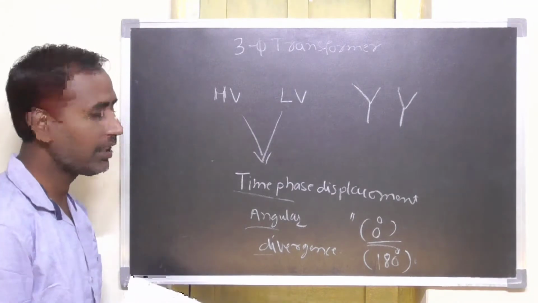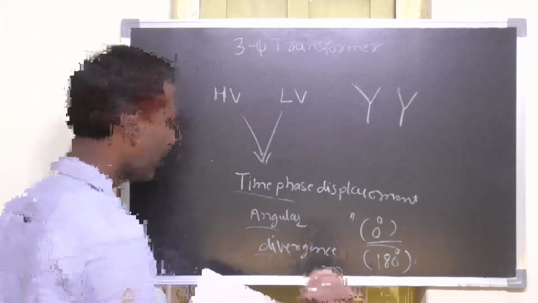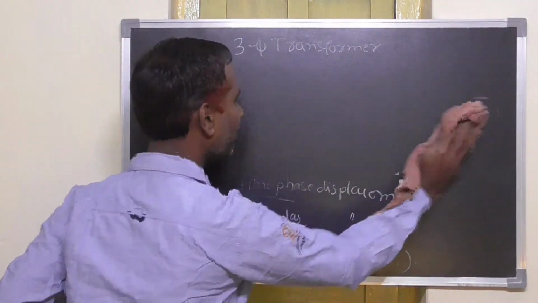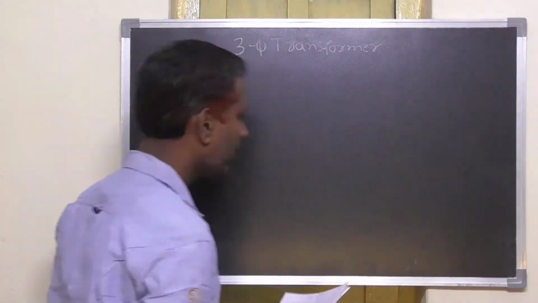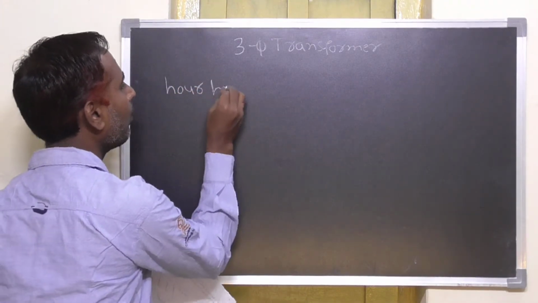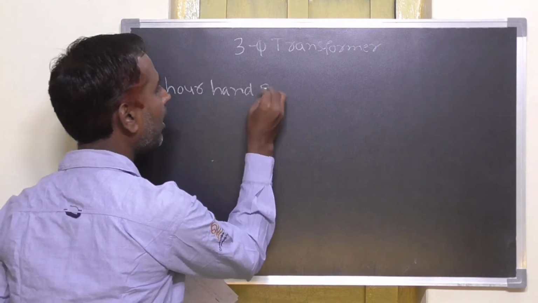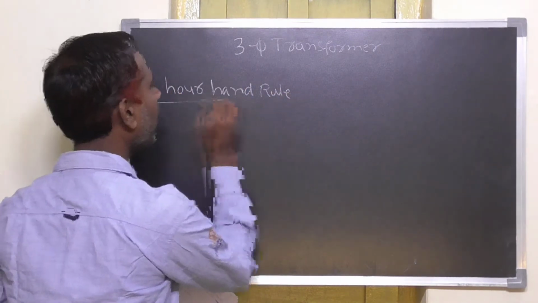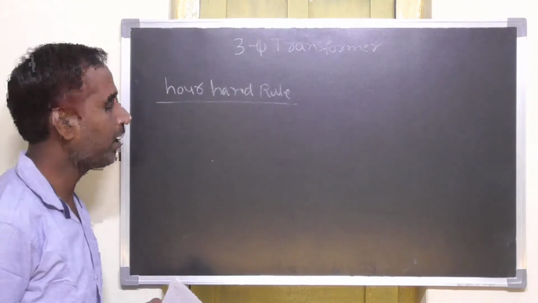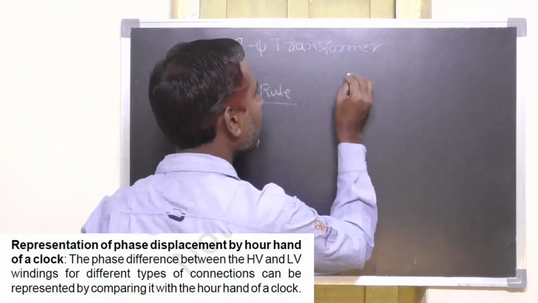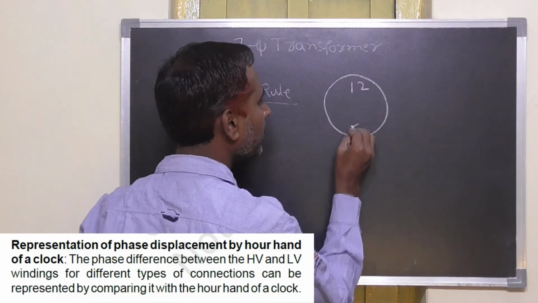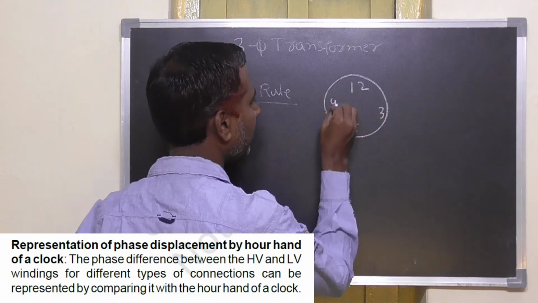To calculate this phase displacement, we are using the hour hand rule. With the help of hour hand rule, we can calculate the phase displacement, or angular displacement. Suppose this is a clock. This is 12 o'clock, this is 6 o'clock, these are 3 and 9.